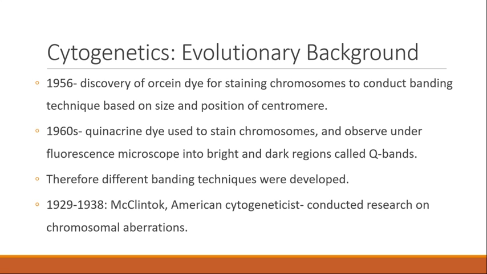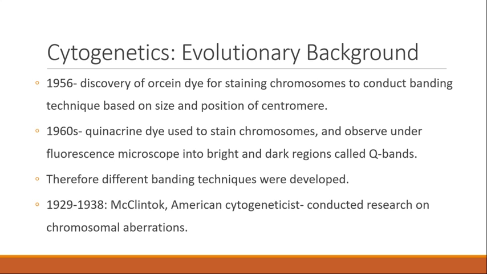There was a discovery of a dye used to stain the chromosome so that banding could be conducted, and using that banding technique they were able to arrange the chromosomes in order based on size or the position of the centromere. Centromere position again varies with respect to age and also cancerous conditions. We'll be talking about it. Altogether these dyes were helpful in the banding technique. Later they identified that maybe there were some technical issues.